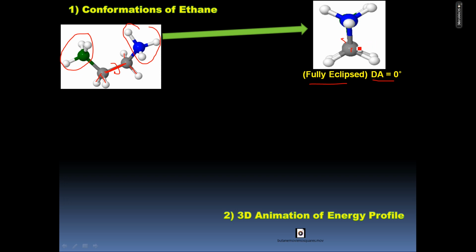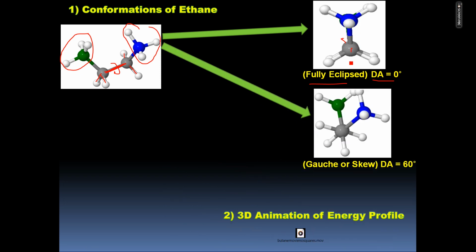Fine. So now we'll rotate this front carbon slowly and keep the back carbon fixed. Then we'll end up with another conformation, as you can see here. We've done the rotation by 60 degrees. We rotated this carbon, and you can see where the methyl groups are now located, and the hydrogens. This is called the gauche conformation or skew conformation.